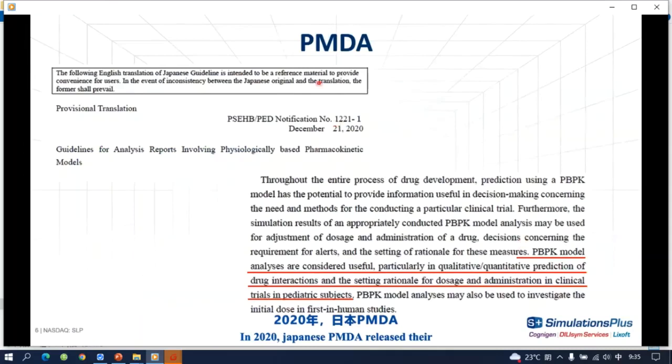In 2020, Japanese PMDA released their guidance on PBPK modeling in general, and again, setting the dosage recommendations for clinical trials in children is one of the critical aspects of using PBPK modeling.